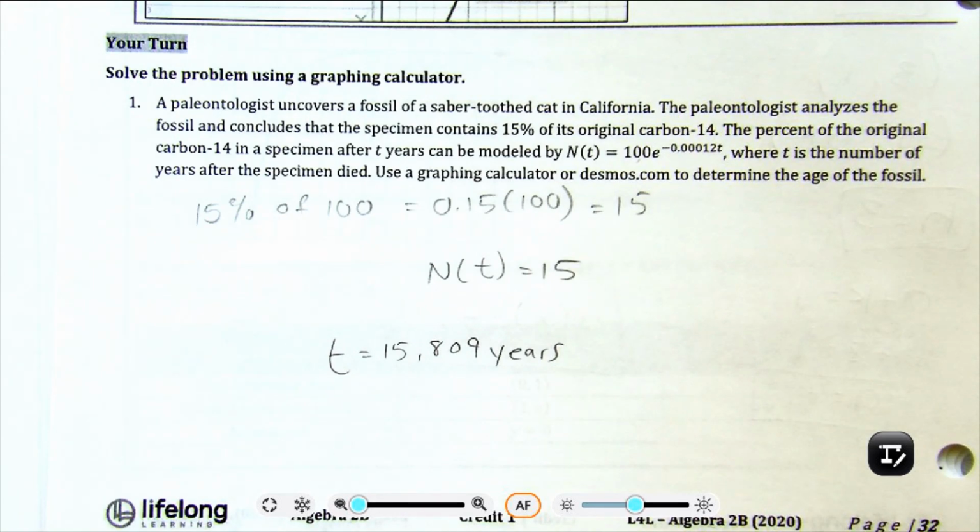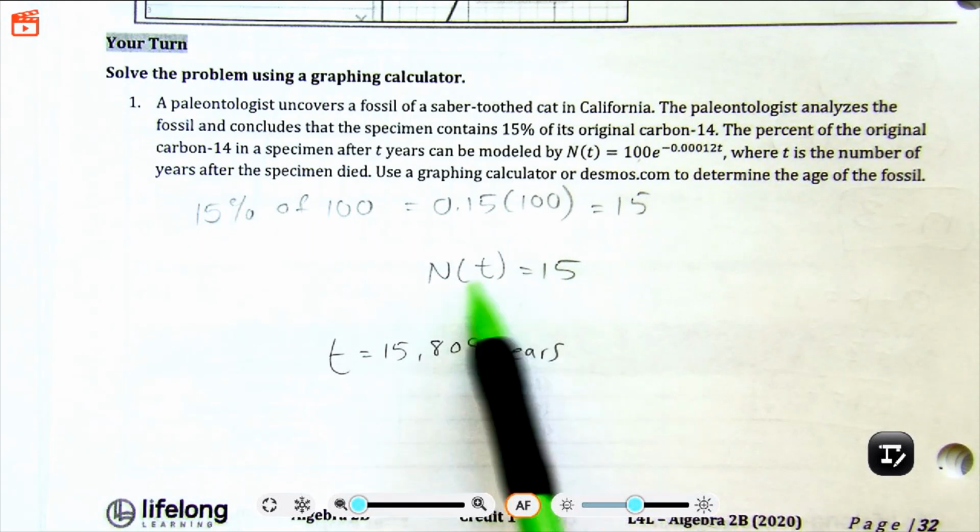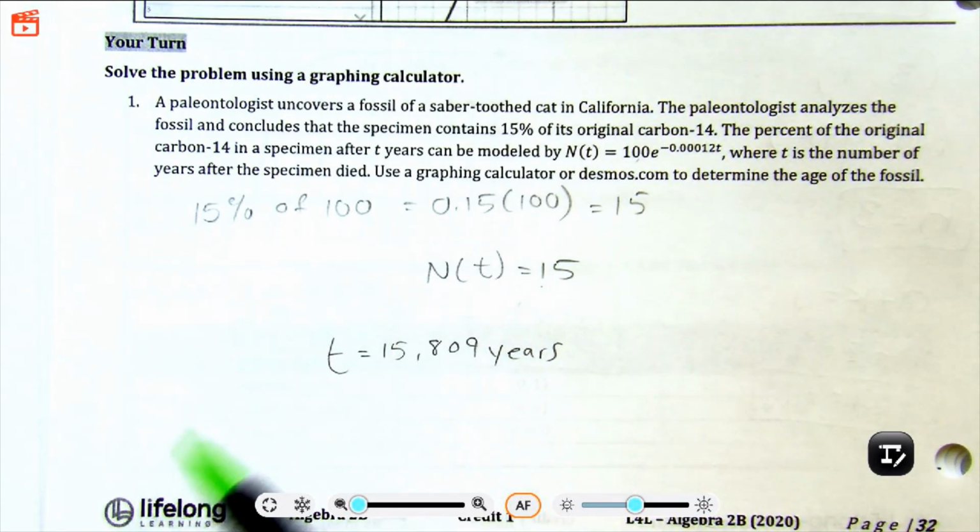Okay, now let me go back. Okay, so that pretty much answers the question. But yeah, what we're doing is, again, graphing this equation, and seeing where the two lines intersect.